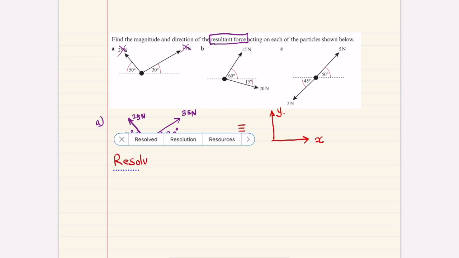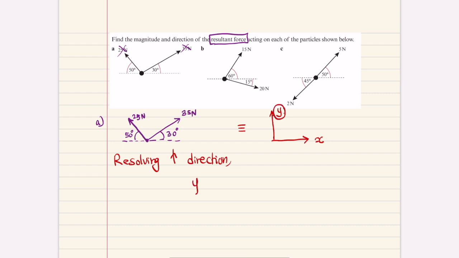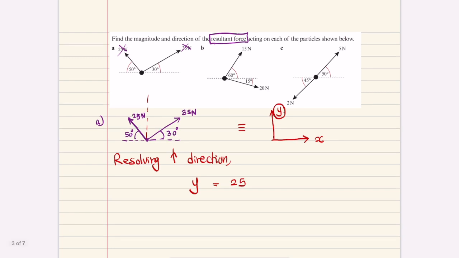So you can say, resolving in the upward direction. Let's take Y Newtons to be the component of the resultant force acting towards the y direction. So Y is going to be equal to, since we are going away from the angle, 25 sin 50 plus 35 sin 30.